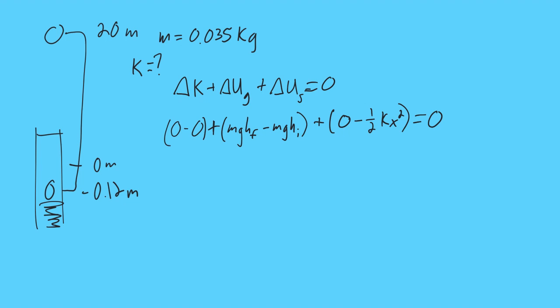So I'm actually going to walk through that work. The book kind of skips it all. So we have mgh final minus mgh initial. And actually, the x squared is the initial, right? They're at the same position. So 1/2 k x initial squared.